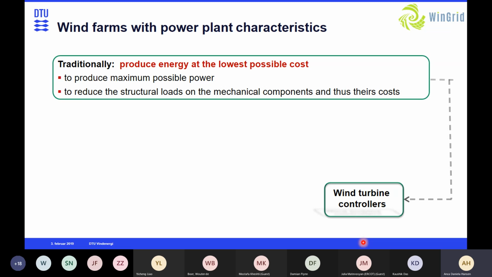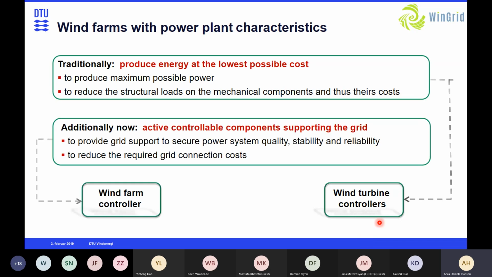And this means that the control aimed for the maximum possible power production while also reducing the structural loads on the mechanical components, and thus making it possible to keep the cost of the mechanical components low. However, as we all know, wind power penetration into the power system has increased drastically.